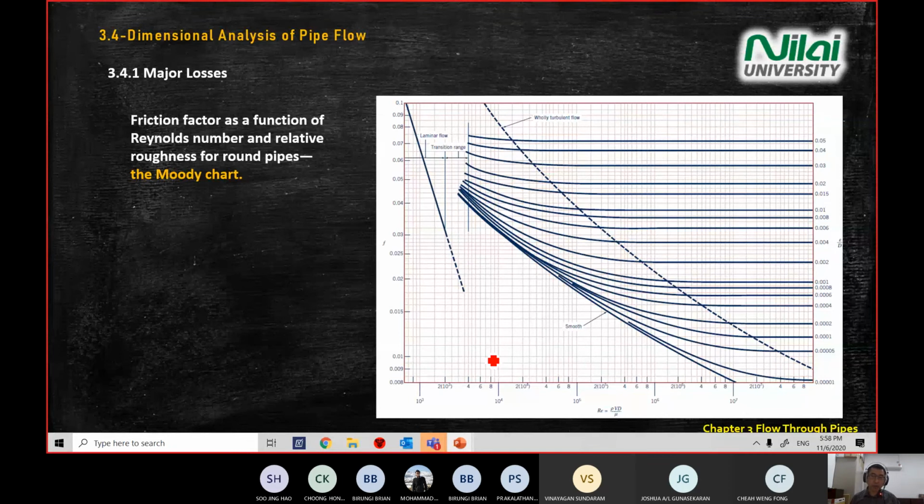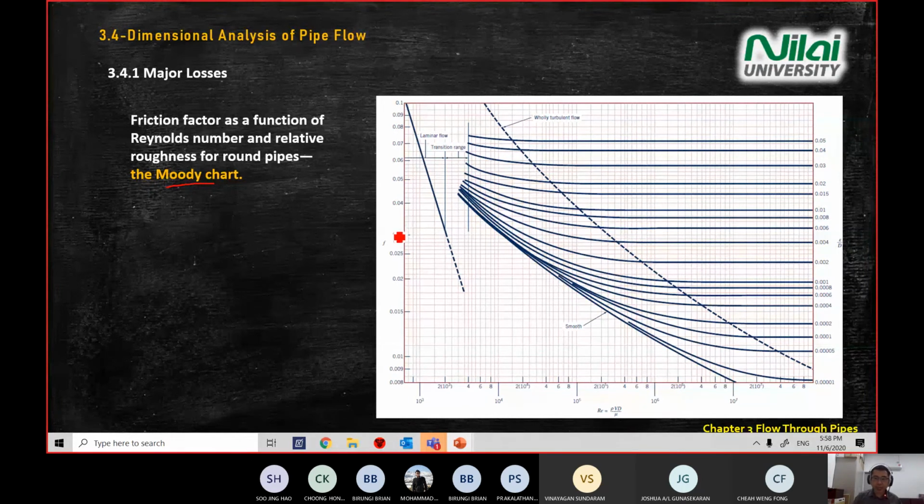This Moody chart will be covered in your test 1. So make friends with this chart. This is the name we use for this chart.